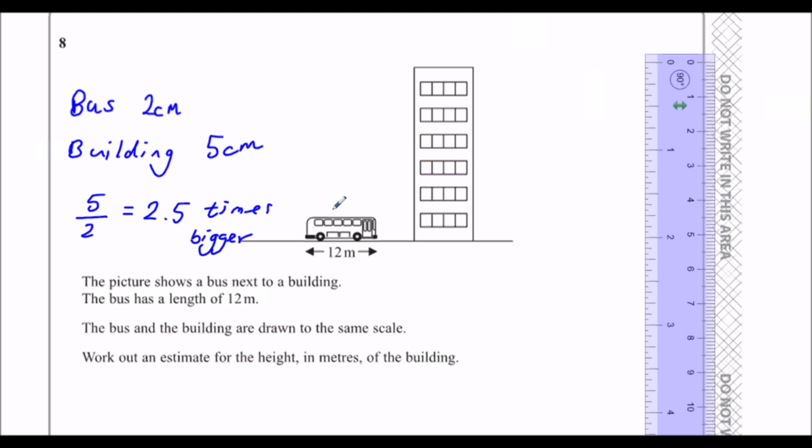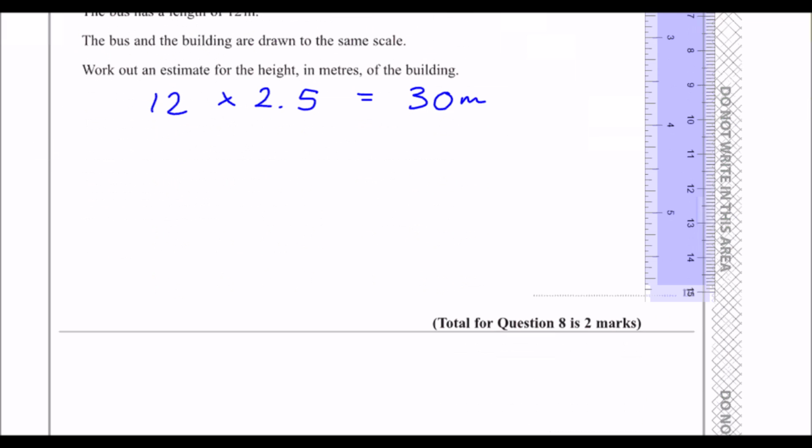So if this is 12 meters, we're going to do 12 times 2.5. 12 times 2.5, 30 meters. And that's the answer, 30 meters.